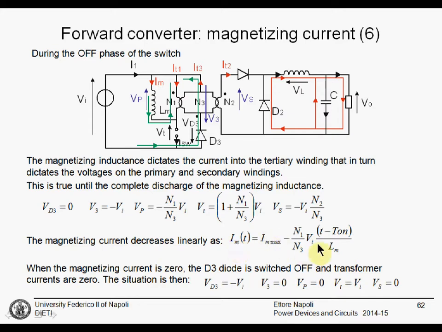We can then write that the magnetizing current will decrease linearly from the maximum, with a negative derivative that is proportional to N1 divided by N3 multiplied by Vi multiplied by t minus t0, divided by the magnetizing inductance. At a certain point, the magnetizing current will go to 0.